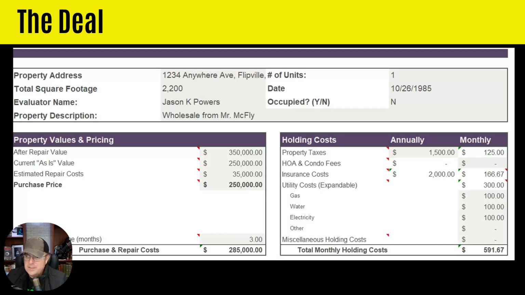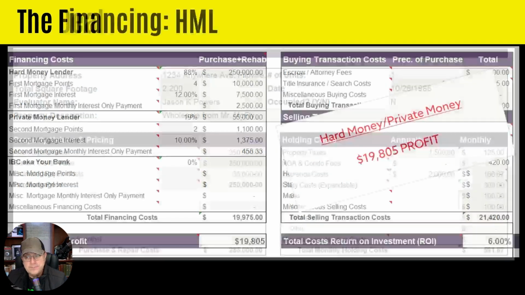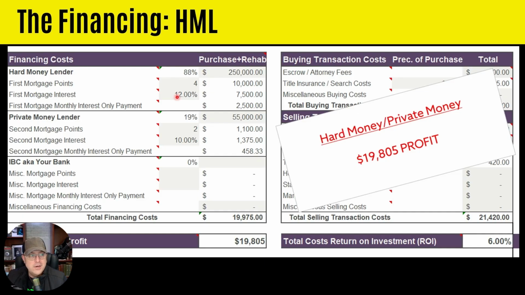Utilizing hard money and private money, which is pretty standard, hard money at about 12 and 4, private money at 10 and 2. Net profit after all is said and done over 3 months was $19.8K. That's his taxable burden, if you will. So that's okay, a modest little fix and flip.